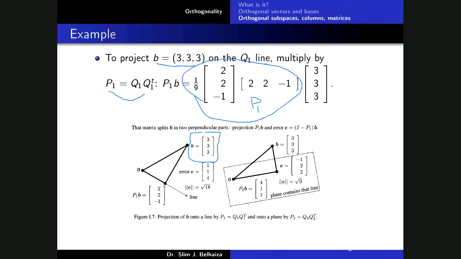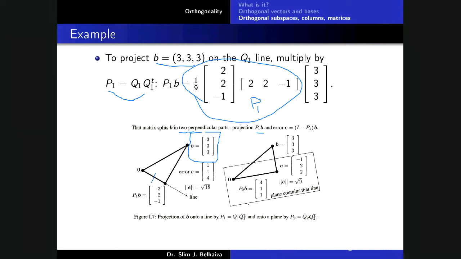Doing q1 times q1 transpose, when you multiply it by (3, 3, 3), you obtain two things. The vector b in two parts. First of all, the projection on the line. You see it?